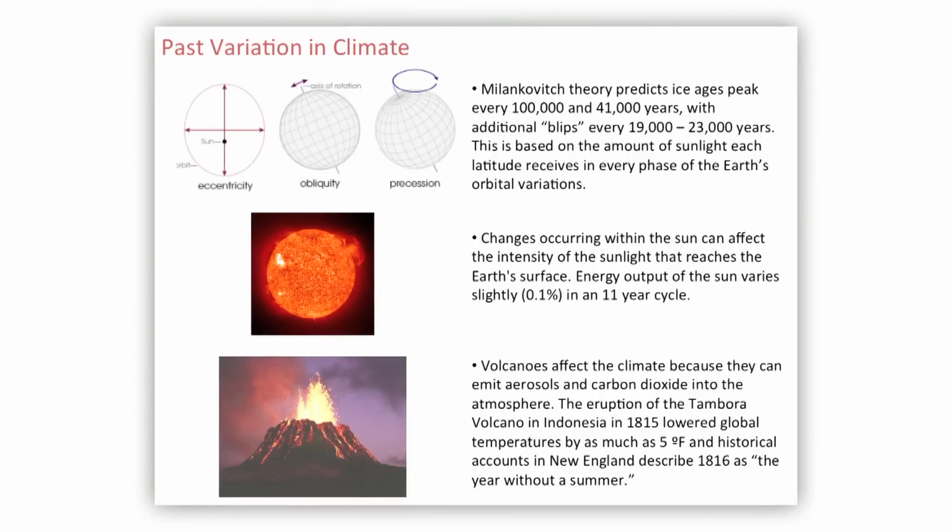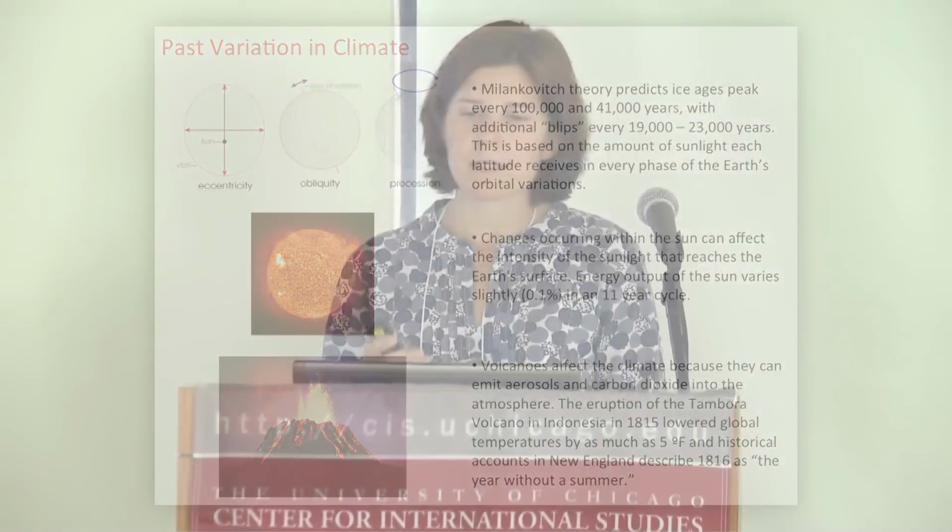Past variation in climate can be explained by a number of different things. Milankovitch proposed first that ice ages peak every 100,000 years, based on the eccentricity of the Earth's orbit, the angle of the Earth, or the obliquity, as well as the wobble of the Earth on its axis.